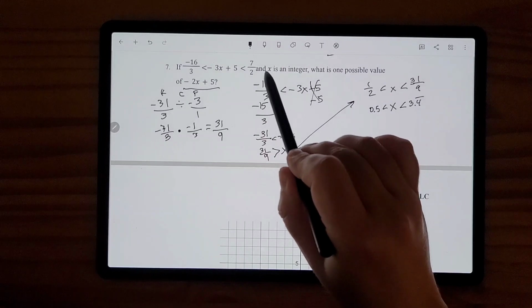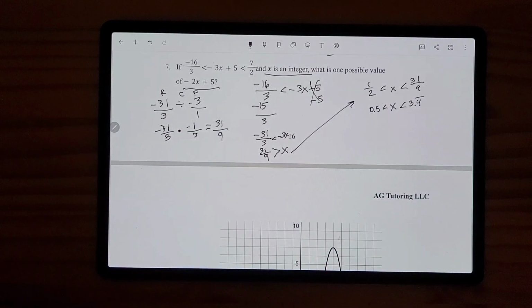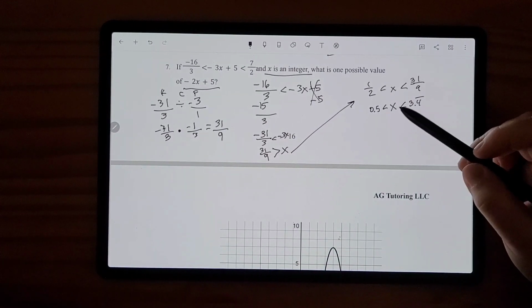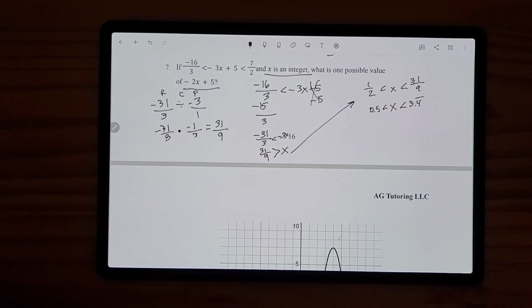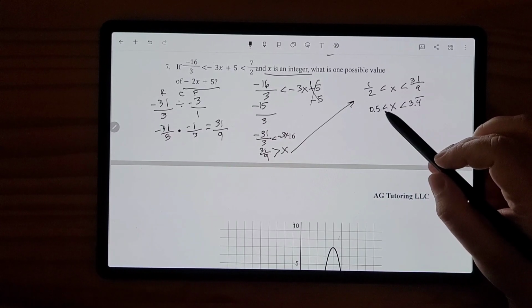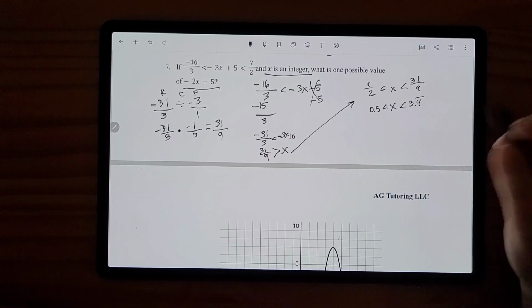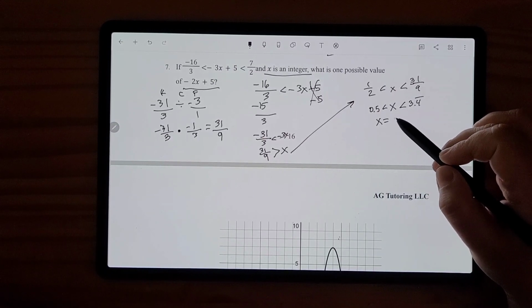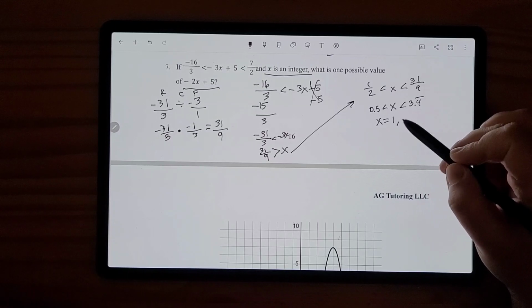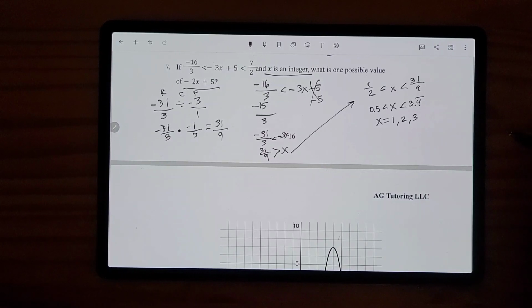Now remember, they said x is an integer, so that means integers are like your whole numbers, your regular numbers that you're counting, like 1, 2, 3, 4, and their opposites. So if x has to be between those, but it also has to be an integer, my possible values for x can only be 1, 2, and 3.